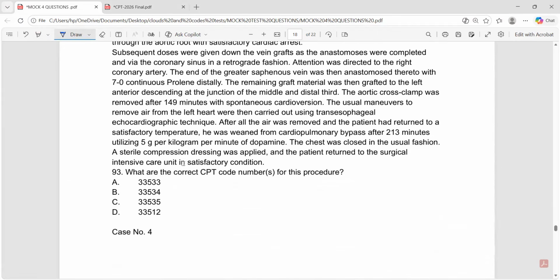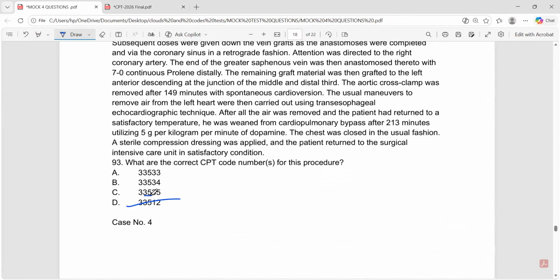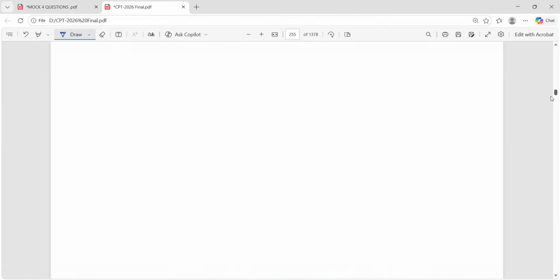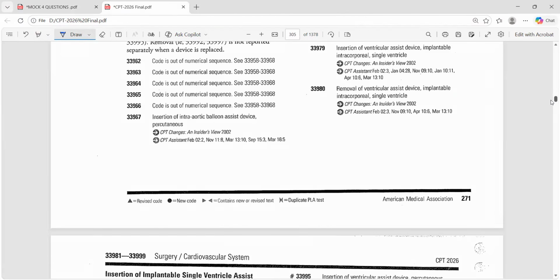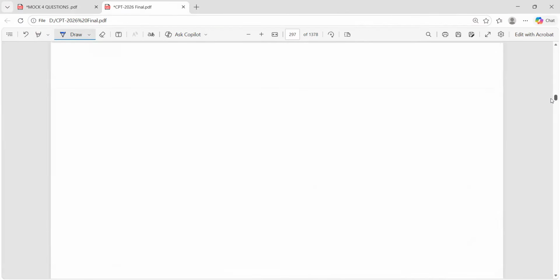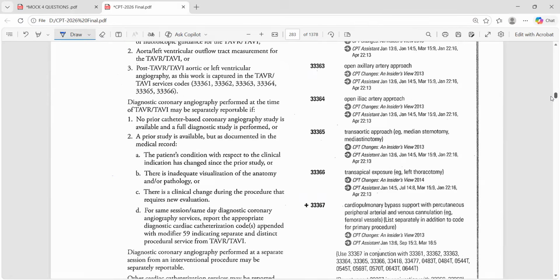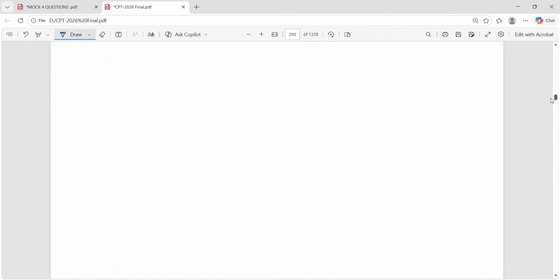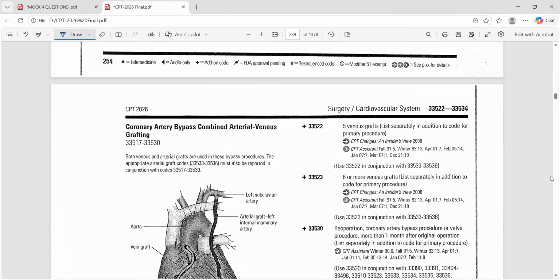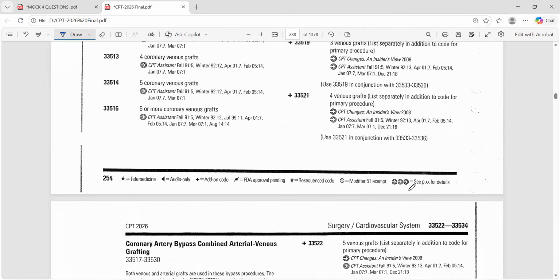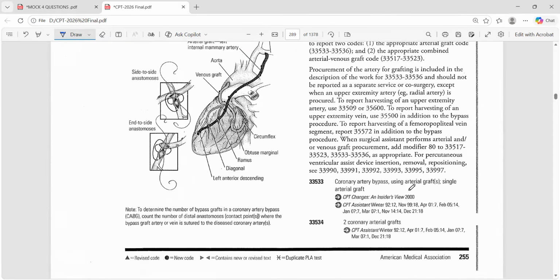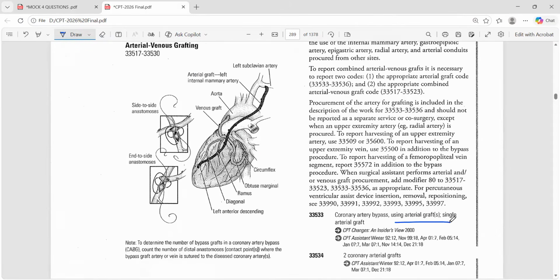We know we have the codes for arterial graft, venous graft, and arterial plus venous graft. Go directly to 33533, coronary artery bypass using arterial graft.